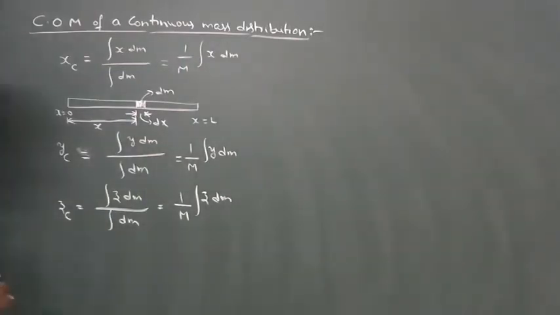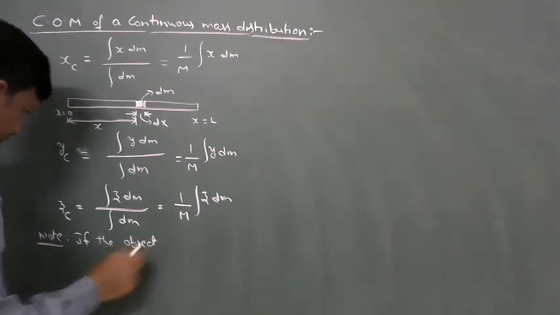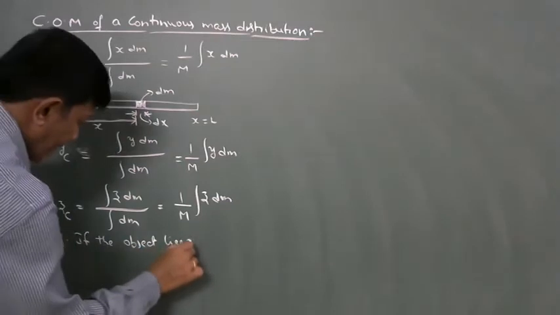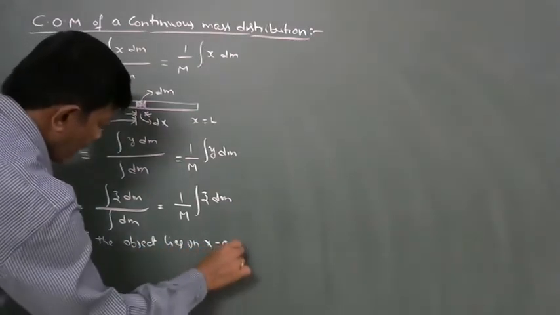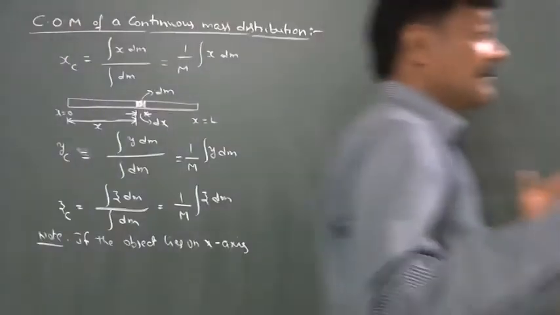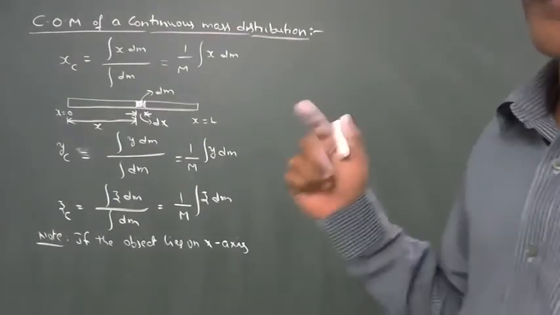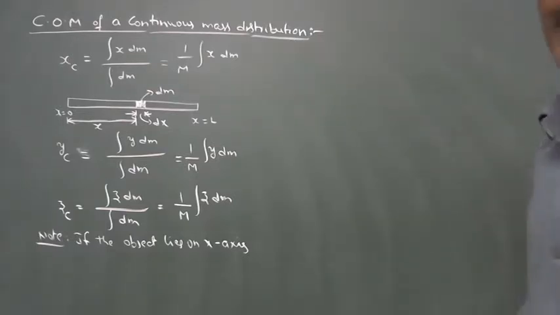Note, if the object lies on the x-axis, then any elementary mass of the object has only an x coordinate but not y and z coordinates.